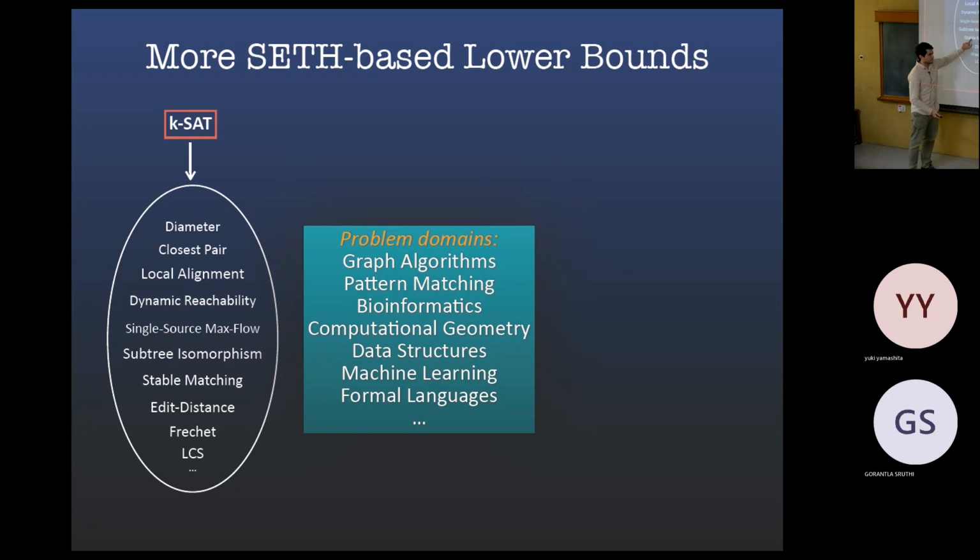You solve this one faster, this one breaks, but for the other problems here, nothing happens as far as we know. So this is not an equivalence class. This is just a hardness class. In other words, if you prove that problem is actually hard, you get that these problems are actually hard. But if you prove that this problem has some quadratic lower bound, you don't show anything for that.